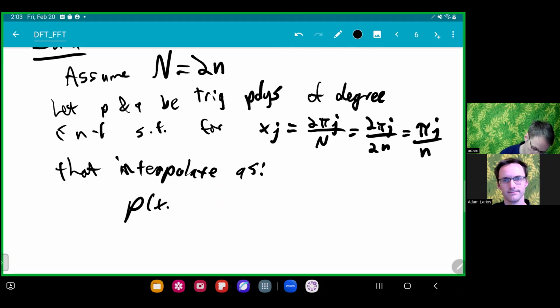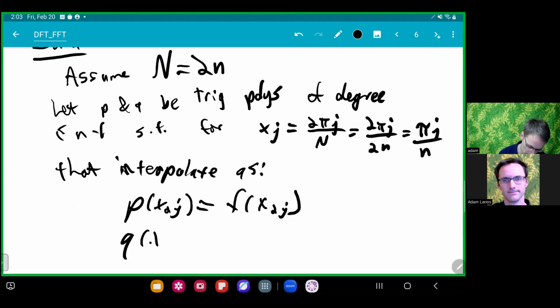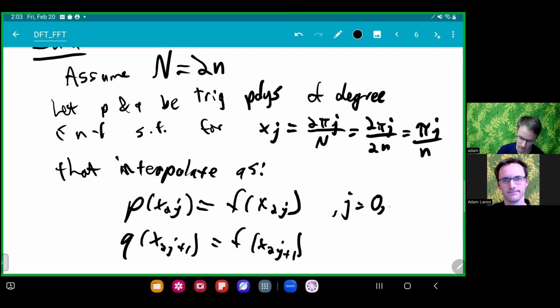We'll take p on the even points and interpolate the function value at those points, and q will interpolate at the odd points. So q at x_{2j+1} is equal to f at x_{2j+1}. Here j runs from 0 up through little n minus 1 on both of these.